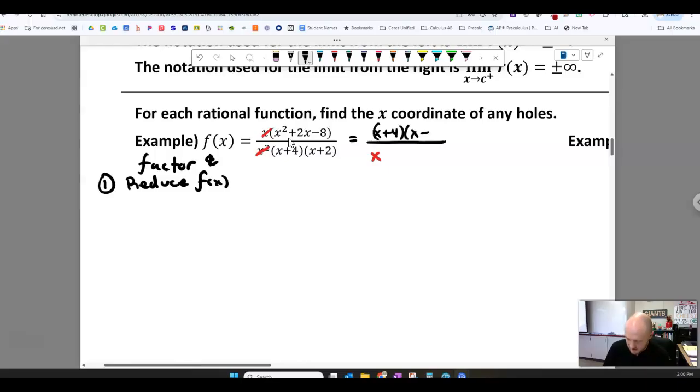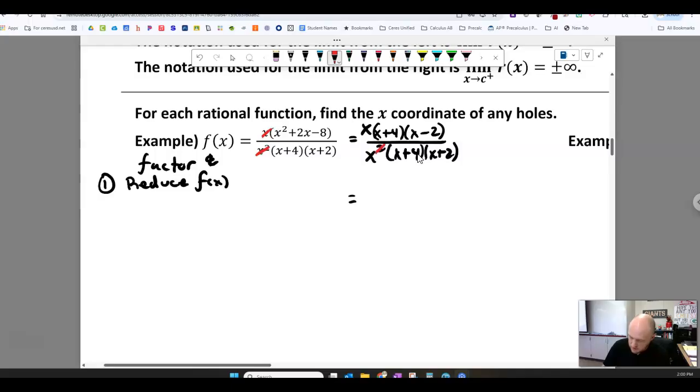Here we go: x plus 4, x plus 2. I just factored this trinomial. I had an x, so I'll add this step in. Okay, we're completely factored. Now let's reduce.